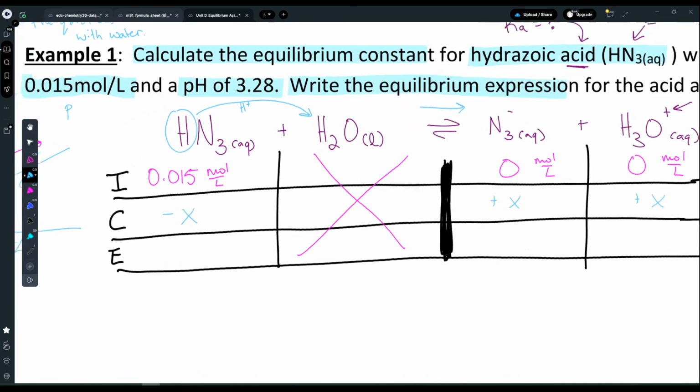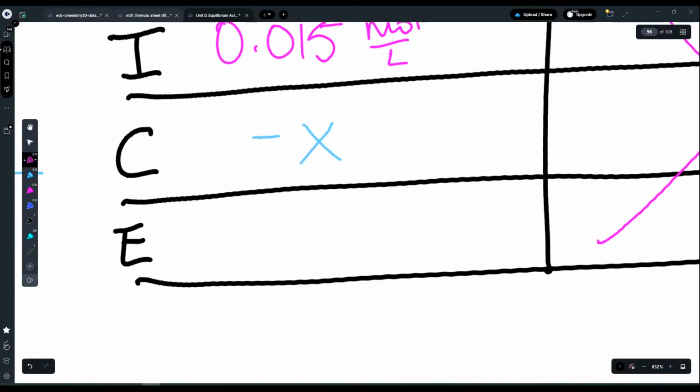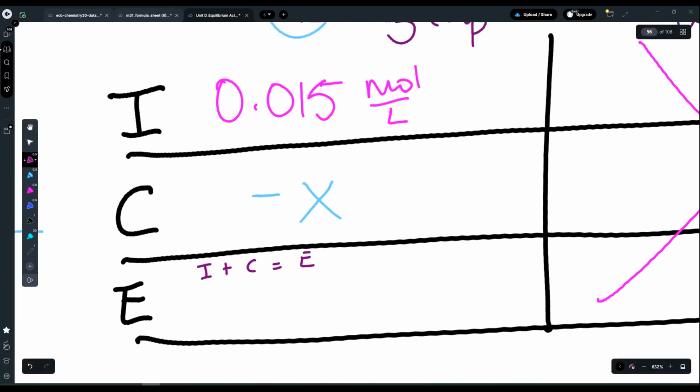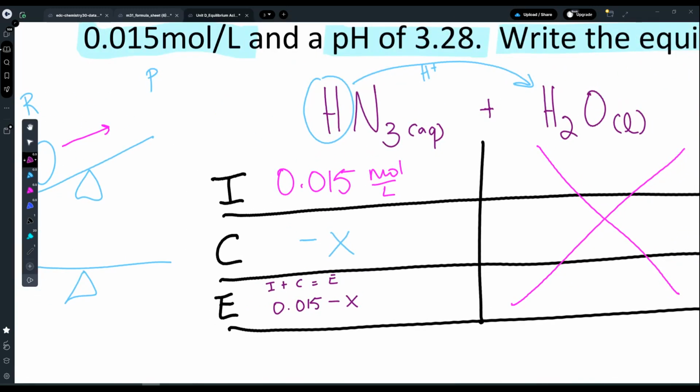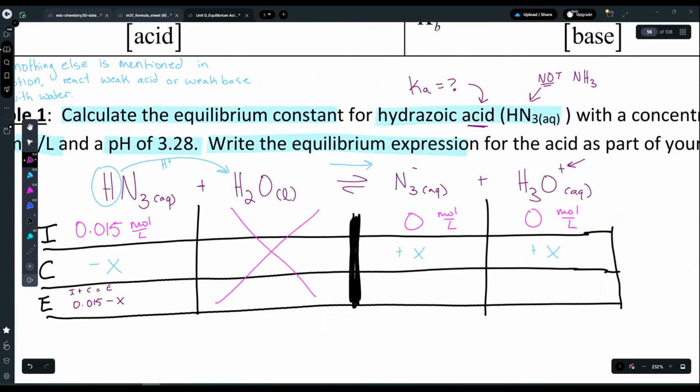Now in our equilibrium row, I'm going to be using I plus C is equal to E, so 0.015 plus negative x, that's going to be 0.015 minus x, is going to be equal to the equilibrium concentration of hydrazoic acid. Meanwhile, doing the same thing for N3 and hydronium, we'll get x because it's 0 plus x for both of them.